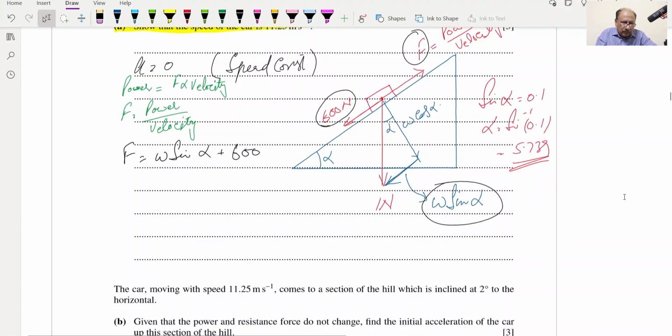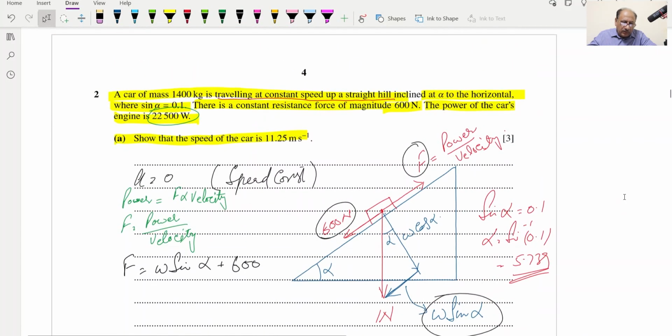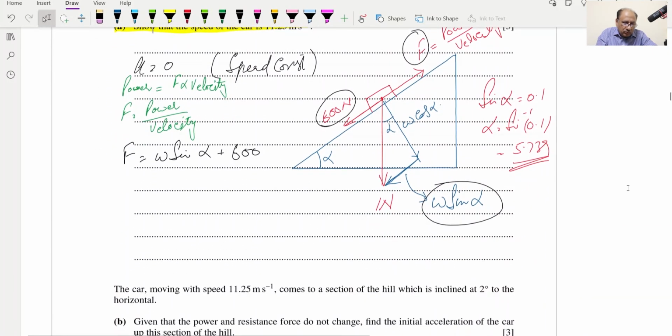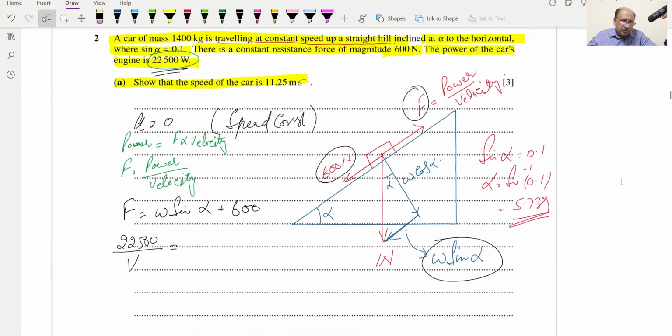So F is what? Power is provided, which is 22,500. So F is equal to power over velocity. Power is given, which is 22,500, divided by V, and this will be equal to W, where the mass is given as 1,400 kilogram.